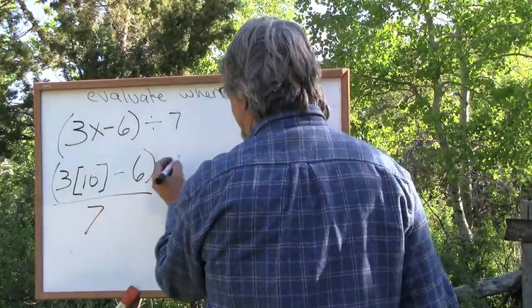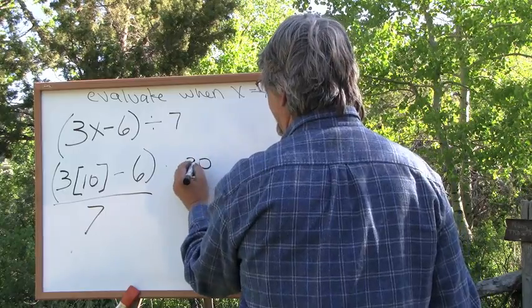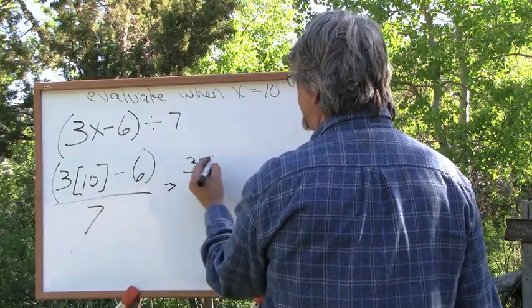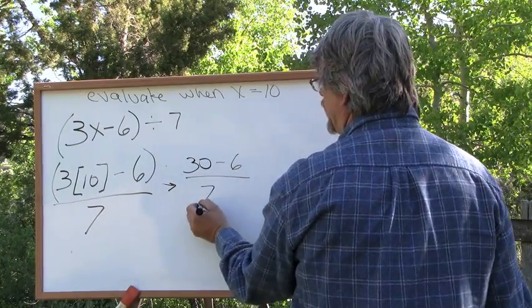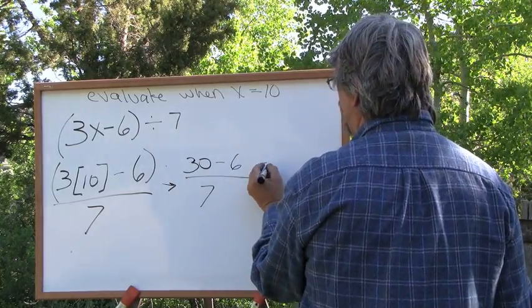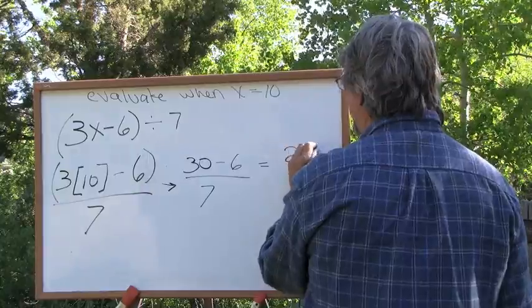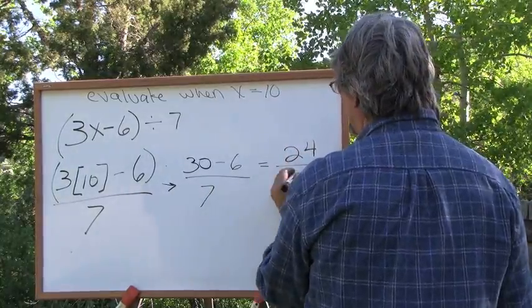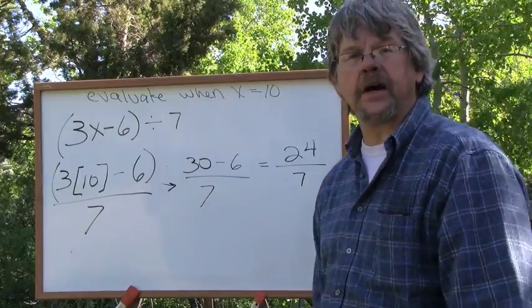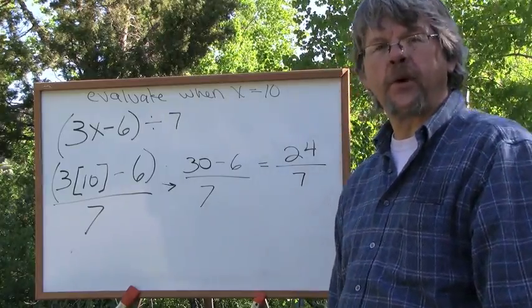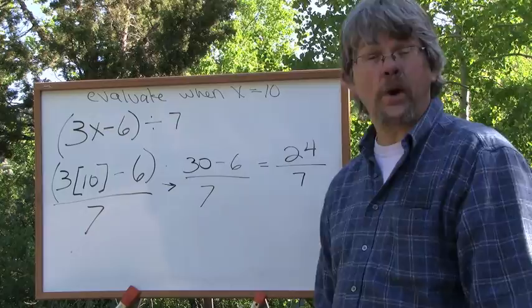So what's 3 times 10? 30. Minus 6 over 7. 30 minus 6 is what? 24 over 7. 7 goes into 24 how many times? 7 times 3 is 21. 7 times 4 is 28.